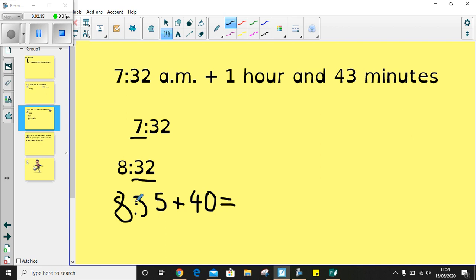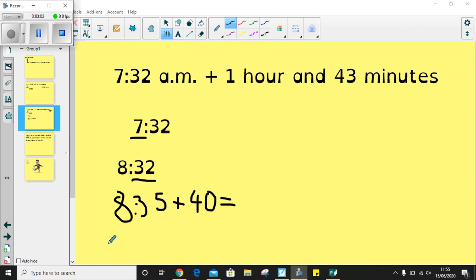So I'm going to round my 8:35 up to the next hour. So what do I need to add on to 8:35 to get to the next hour? I know that if I add on 5, I've got 20 minutes to go. So I'm looking at putting it onto the next hour. I know that if I add on 30 minutes onto 8:35, we'll be through to the next hour.